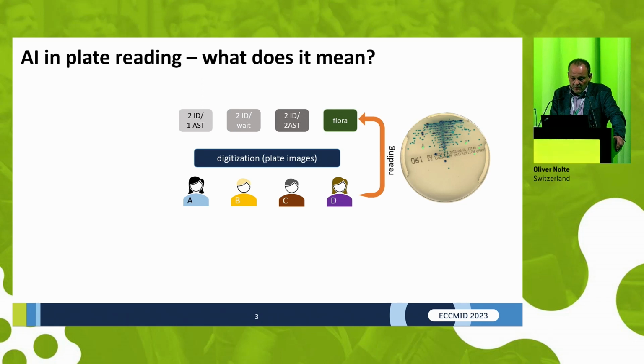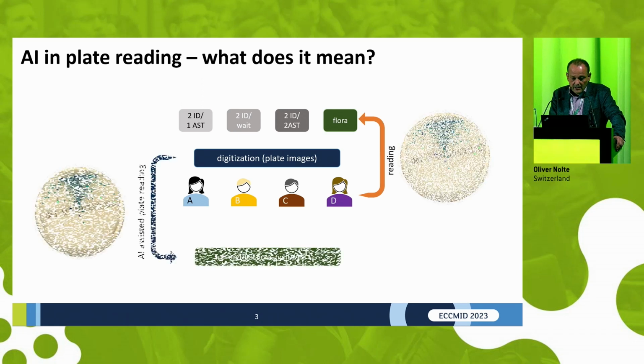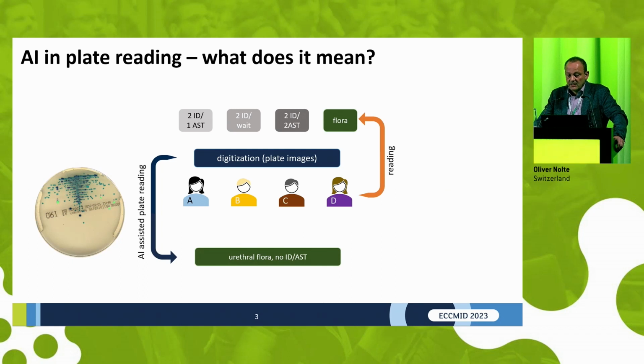If we take the same image and put it to AI, we end up with just one result. In that case, it's flora. There's no workup required. What simply needs to be done is that this result is confirmed.